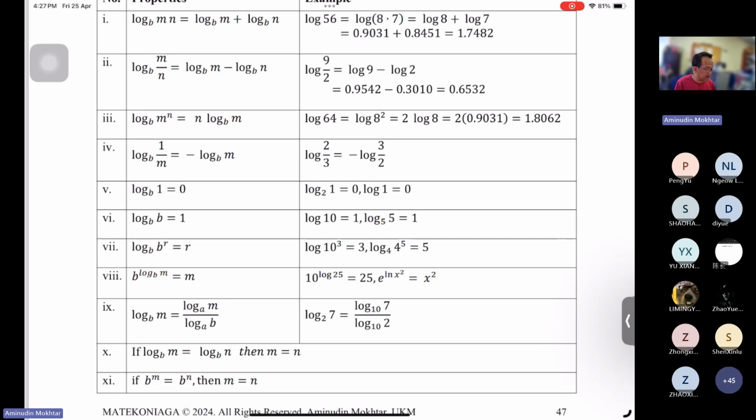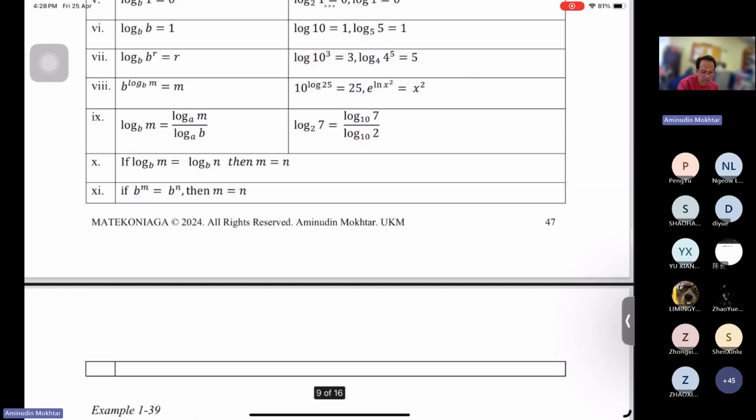We are going to use these properties in the next topics, especially topics 2 and 3 and the last two topics. But for today, I will show you just a few examples of how to use the properties of log in your exercise.